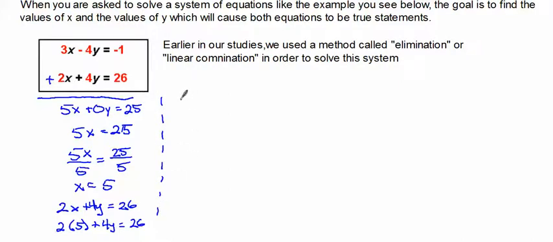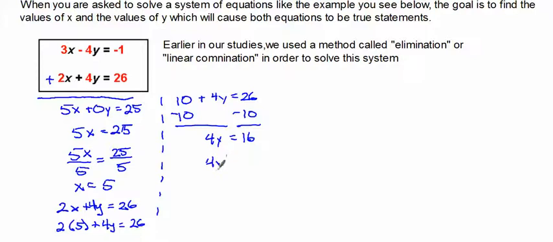Which brings me to 10 plus 4y equals 26. Subtract 10 from both sides of the equation. I have 4y equals 16. Divide both sides of the equation by 4. And I get y equals 4.